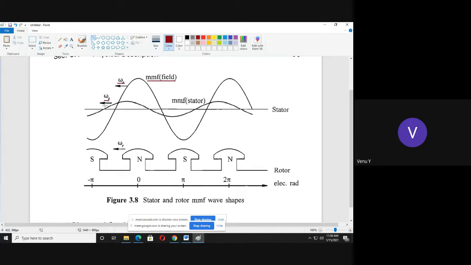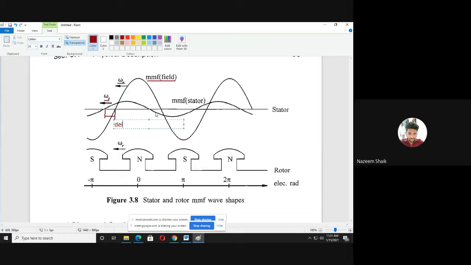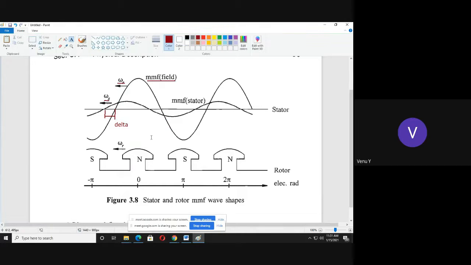This is delta, the power angle or load angle.